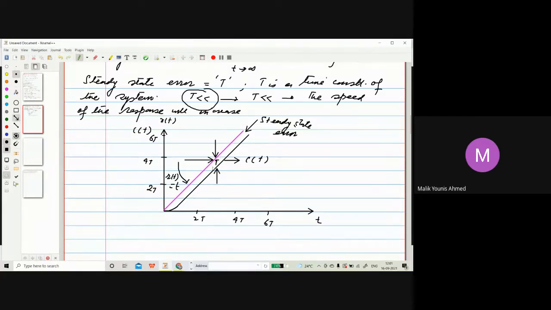So this error is here like this, like this error is value t. This is basically a unit ramp response of the system.